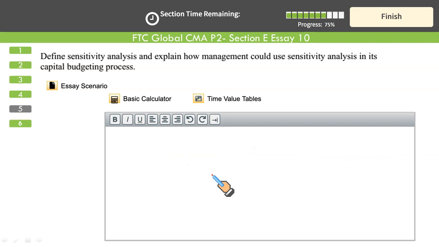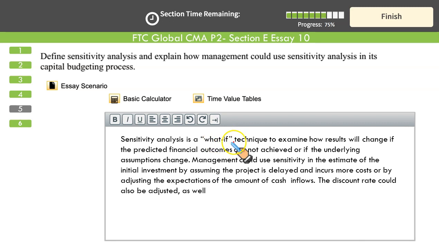So sensitivity analysis is a what-if technique to examine how results will change if the predicted financial outcomes are not achieved or if the underlying assumptions change, the underlying variables that determine the NPV of the project. Management could use sensitivity analysis in the estimate of the initial investment by assuming the project is delayed and incurs more cost or changes in any other variables.